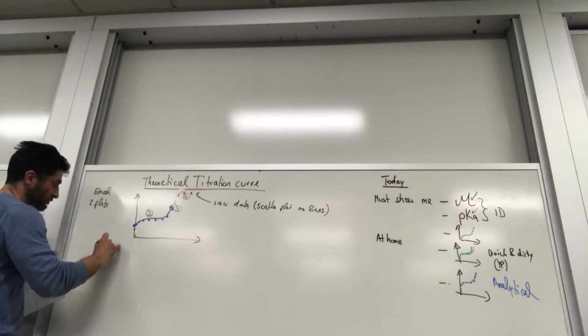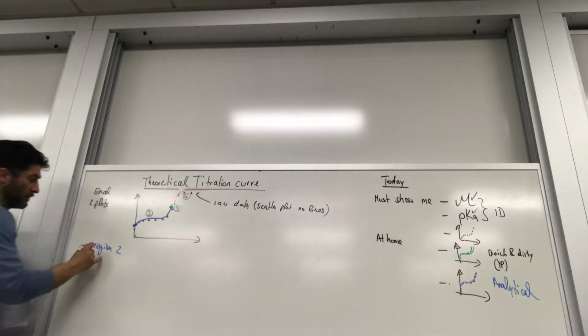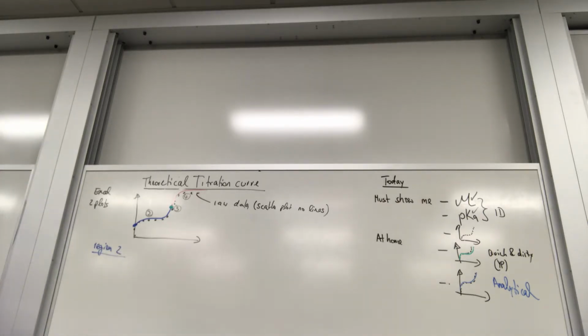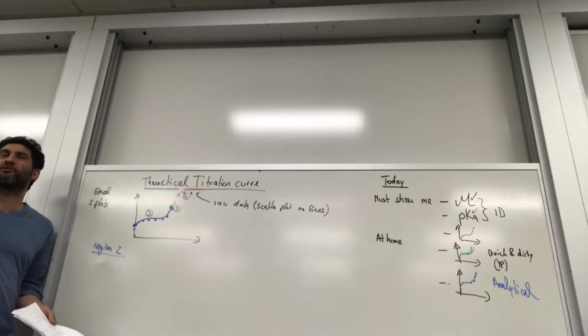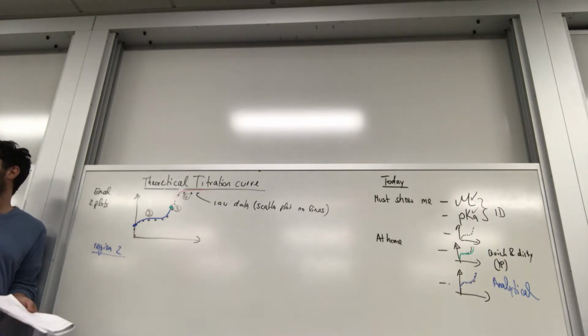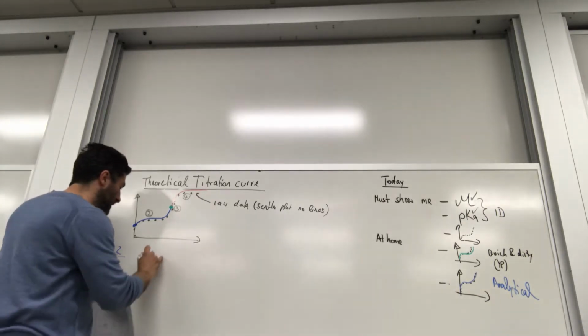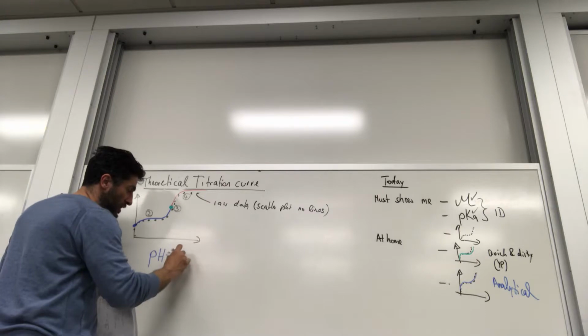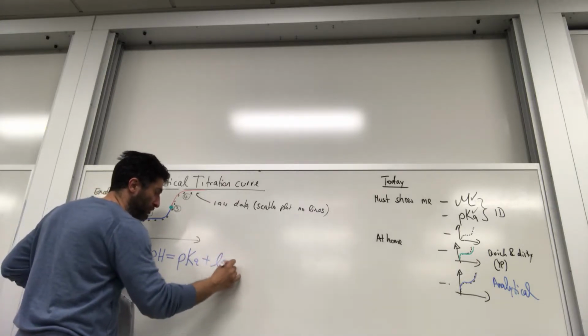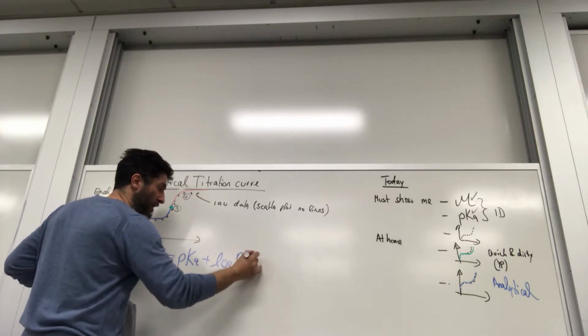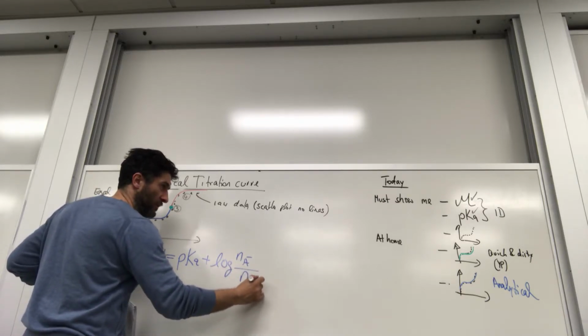Well, region 2, which equation can we use? There's a very specific equation that I want to use for region 2. What do we call region 2? Buffer region. If we call it the buffer region, then you can use pH is equal to pKa plus log moles of A minus divided by moles of HA.